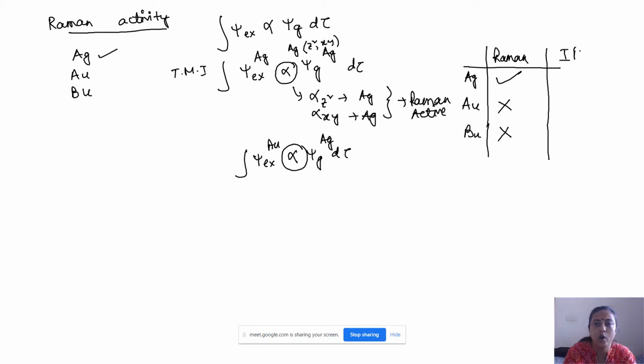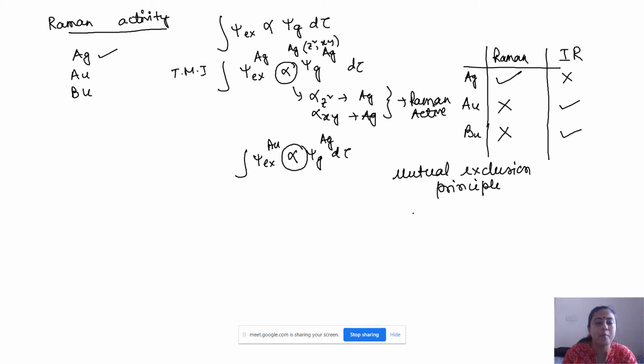Now, if you look here, AG was IR inactive, AU was IR active, BU was IR active. This is called mutual exclusion principle.